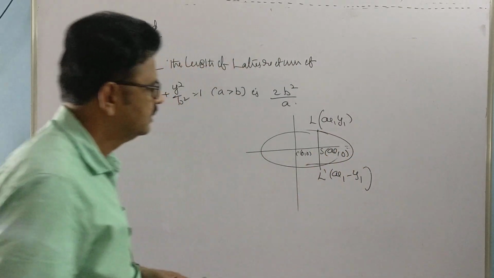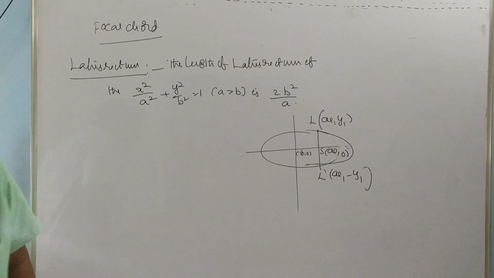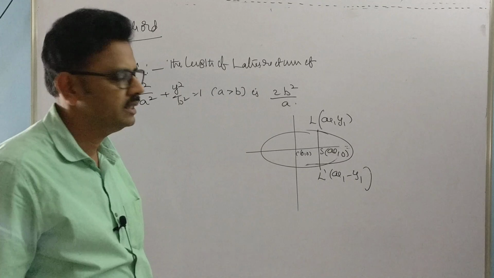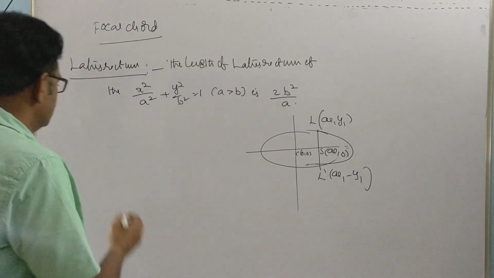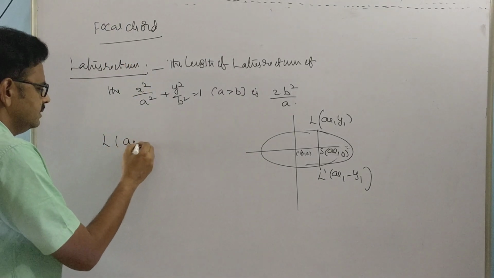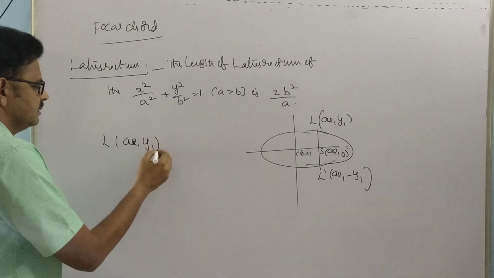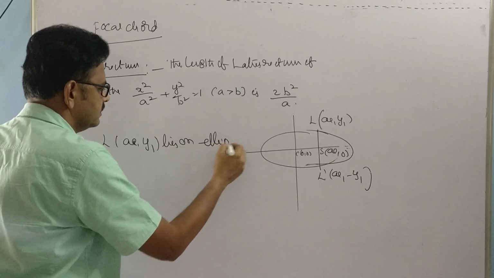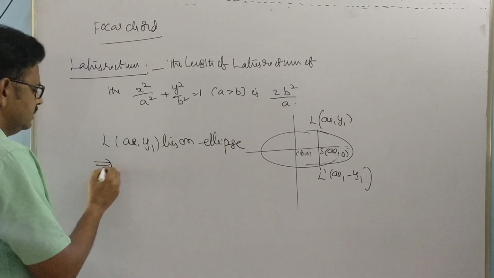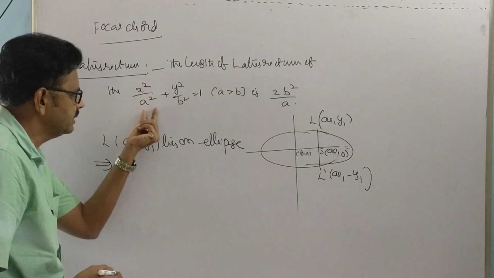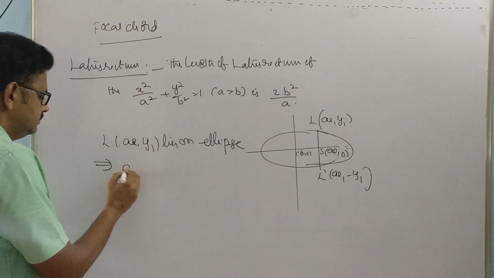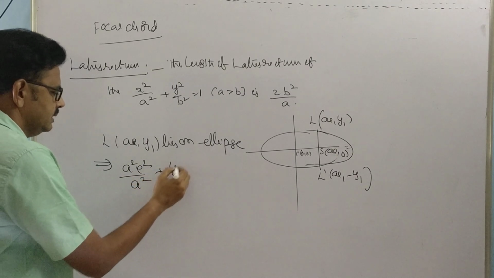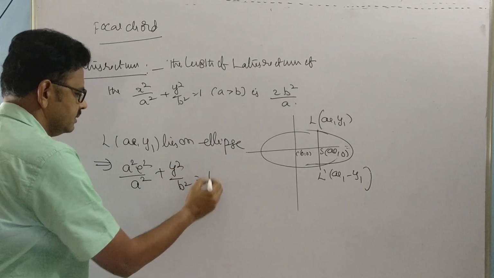The point (ae, y1) lies on the ellipse. What is the ellipse equation? x square by a square, where x is ae: a square e square by a square plus y square by b square equal to 1.